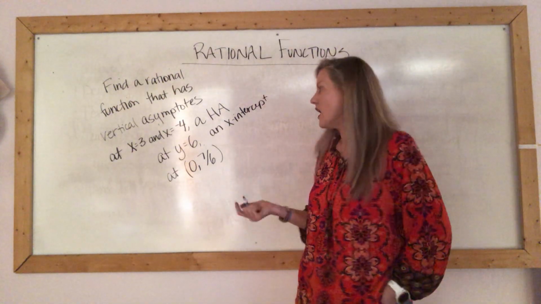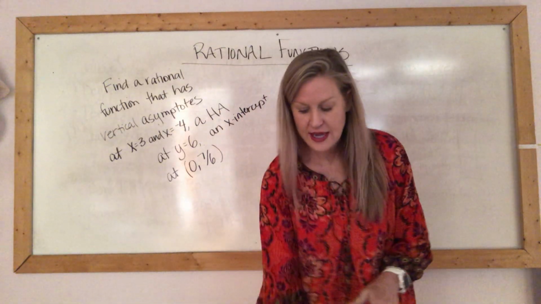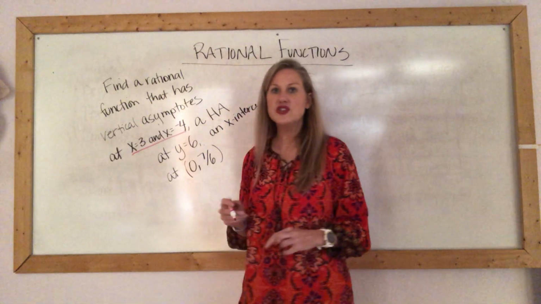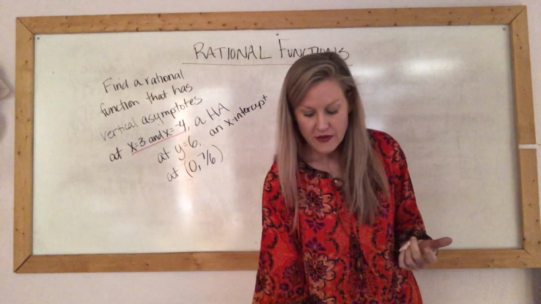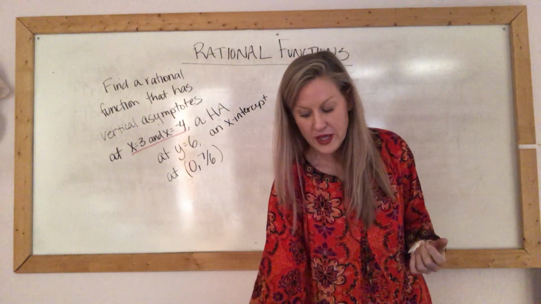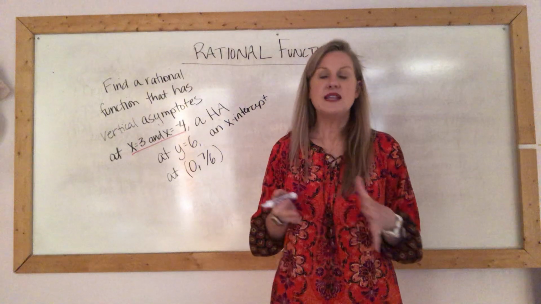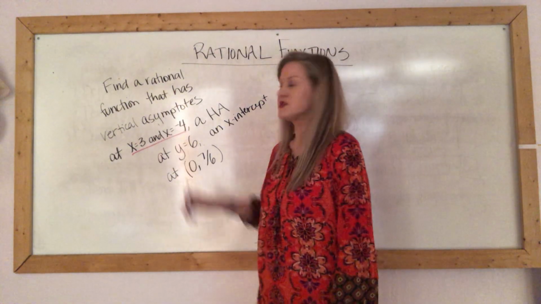What I do is I always start with my vertical asymptotes. The vertical asymptotes, again, really drive the train, so I'm going to start with that. And remember, vertical asymptotes happen when the denominator set equal to 0, solved for x, gives those numbers.